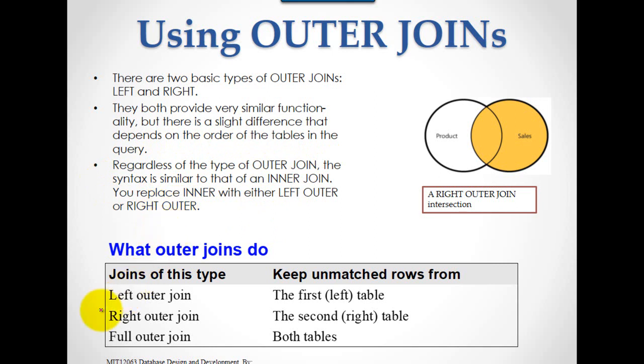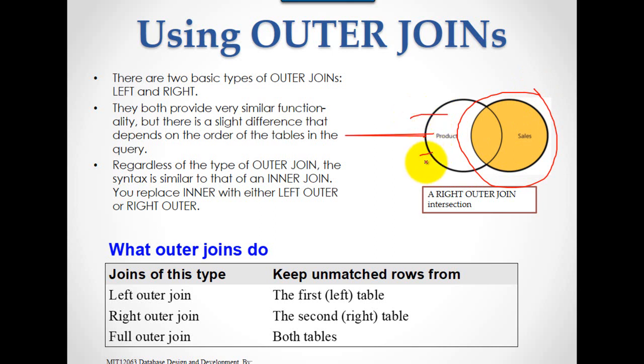As I told, there are three types of outer joins. One is left, the other one is right, and the other one is full. If it is a left join, the table on the left side is entirely taken, and the balance of the right table will also be taken. If it is a right join, the whole right side table will be taken, and the left side will also be taken for the matching records.